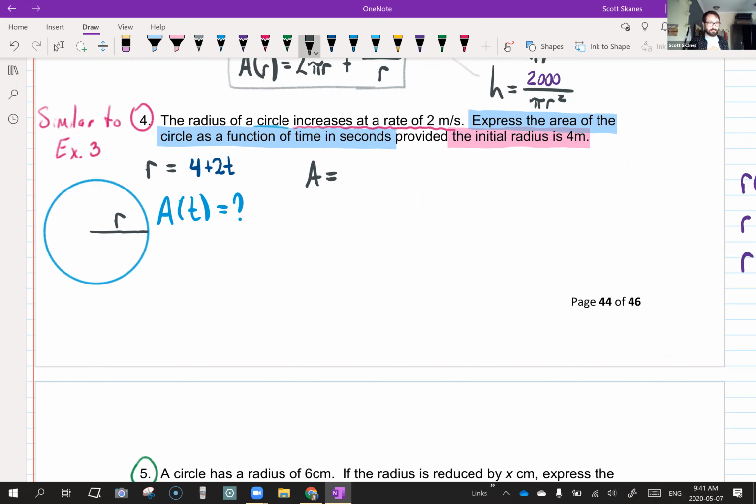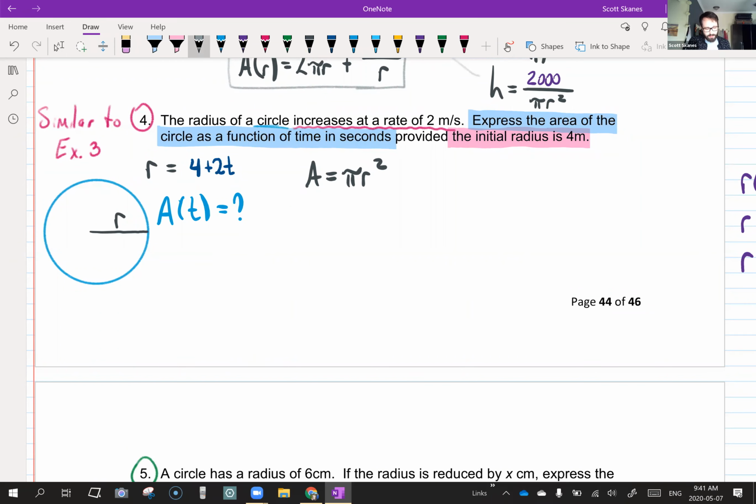Area of a circle is not 2 pi r, it's pi r squared. Some students confuse these and don't know which one's area. Well, there's a very easy way to know: area has square units, so it's the one with the square on it. The other one's circumference, or the length of a circle.